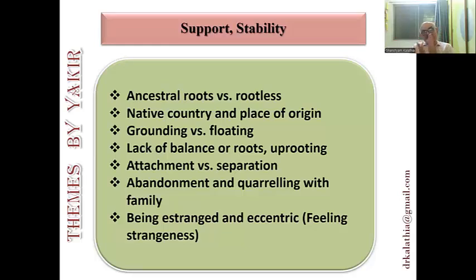And that's why the family name, your caste, they like it so much because it gives you your origin, it's your root. So being grounded is very important. And floating is a problem. So they have a feeling of vertigo, and that is very strong in them.